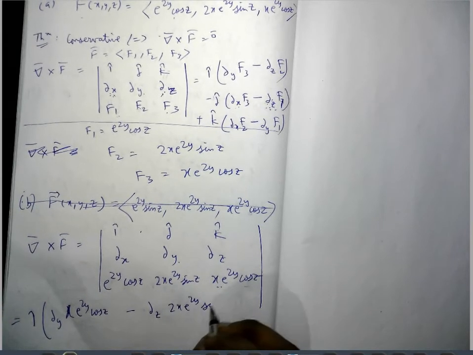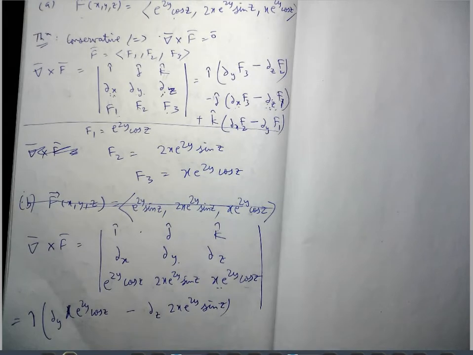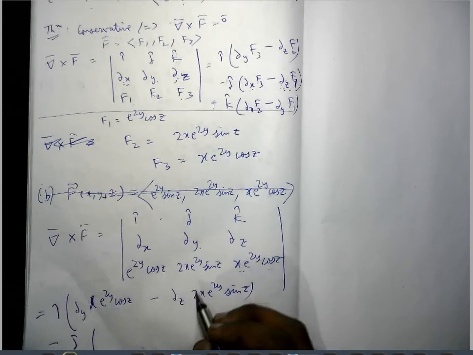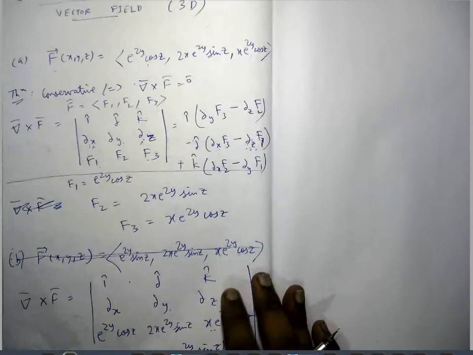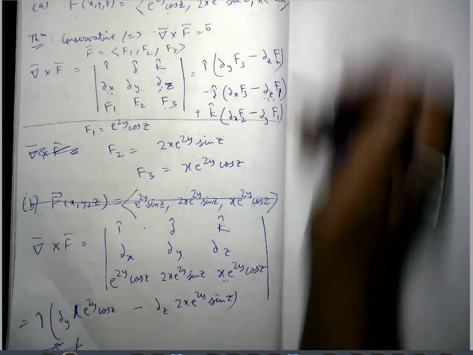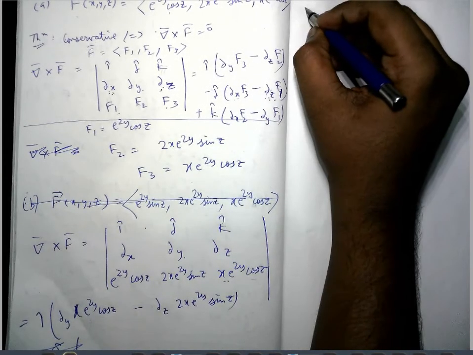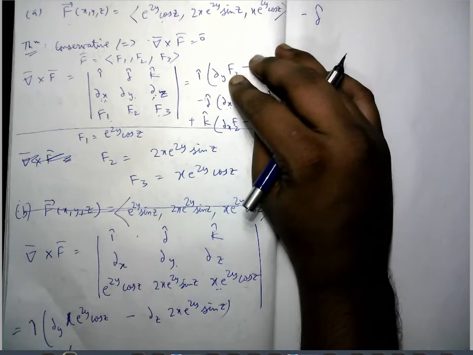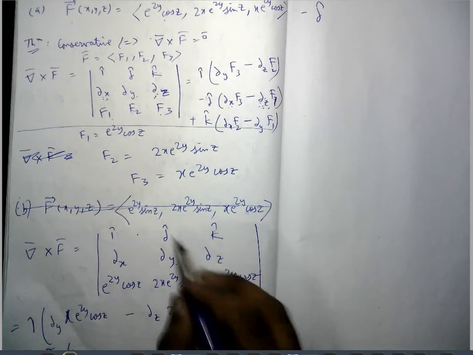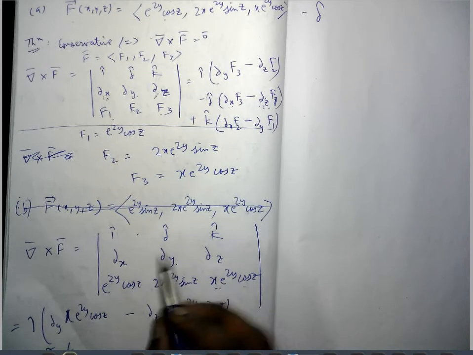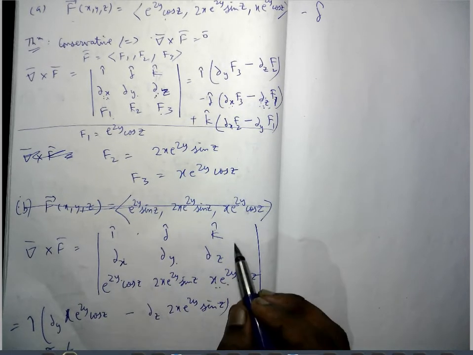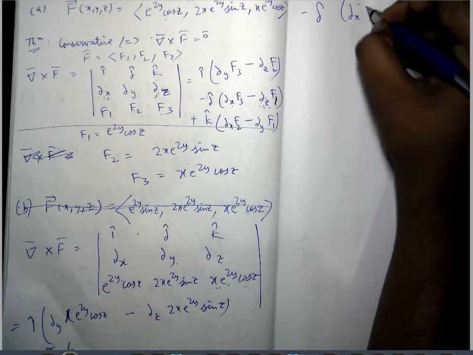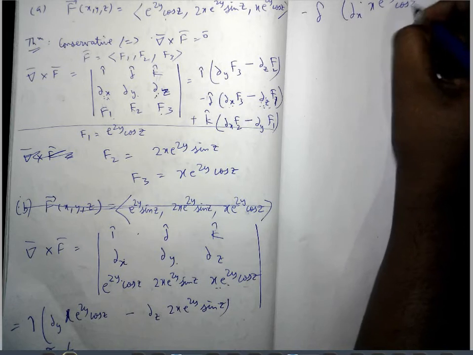Then minus j cap of: you cover this row and this column, and then you have this times this minus this times this. So this is dou x of x e to the power 2y cos z minus dou z of e to the power 2y cos z.